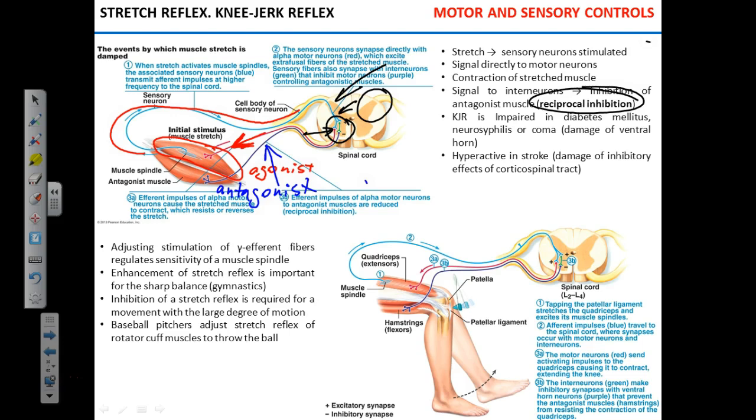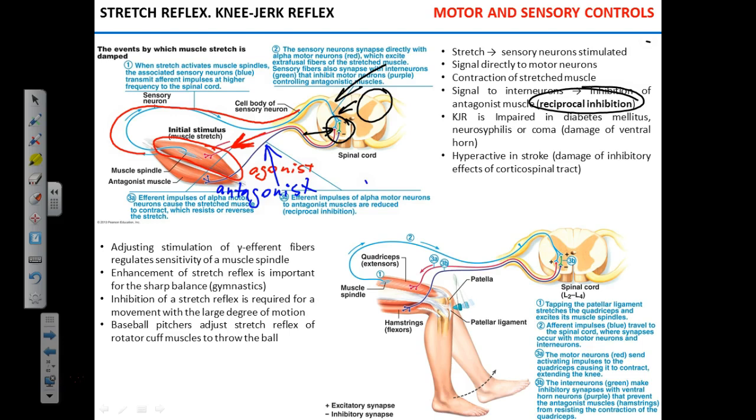Dorsal horn. We good? Okay? Is that understood? What happens in the spinal cord? Holly. They do. But those sensory neurons, what do they synapse with?